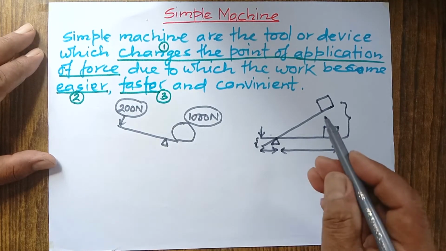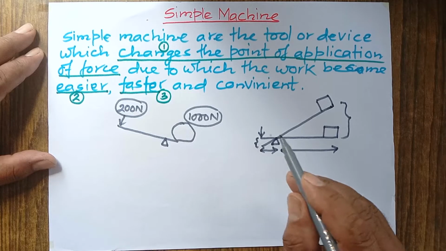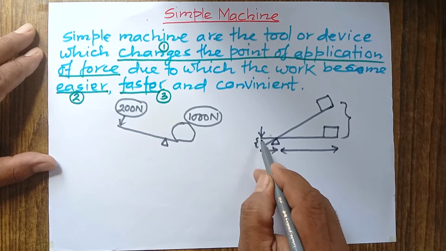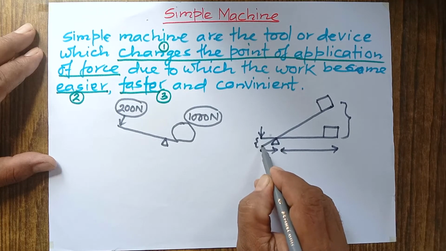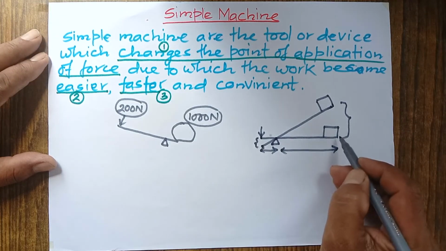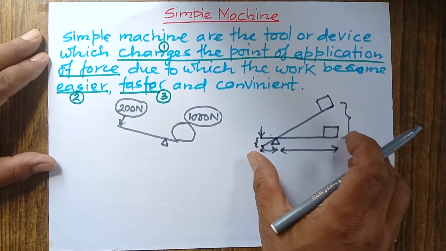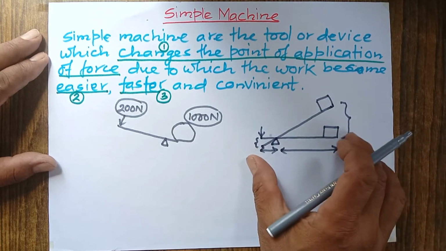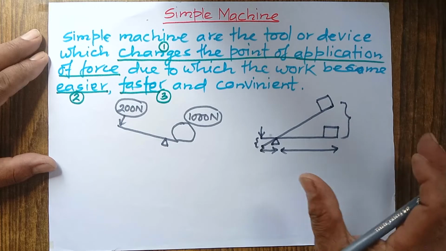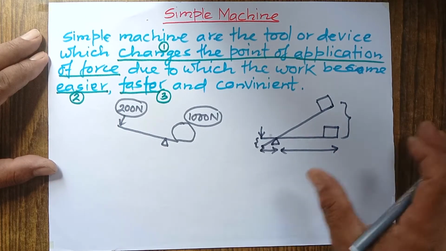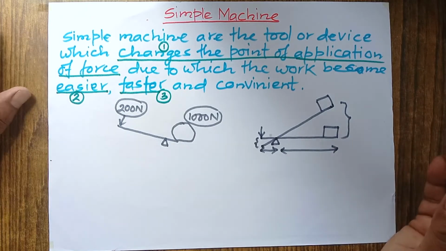What does it mean? It means in this case work is being done faster. In the same time, the effort travels less distance, but at the same time, load is raised to very long distance. It means this type of simple machine makes our work faster because effort covers less distance, at the same time, load covers long distance, work is done faster.